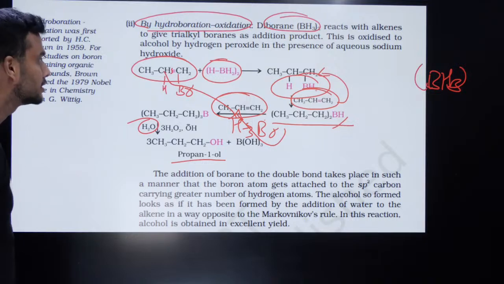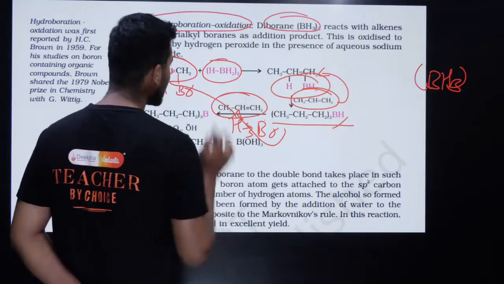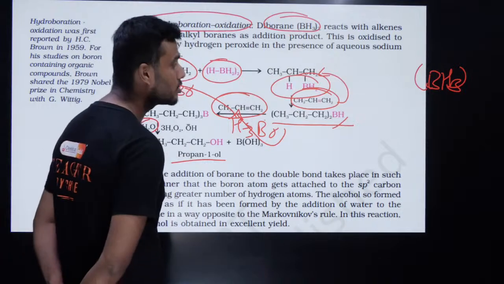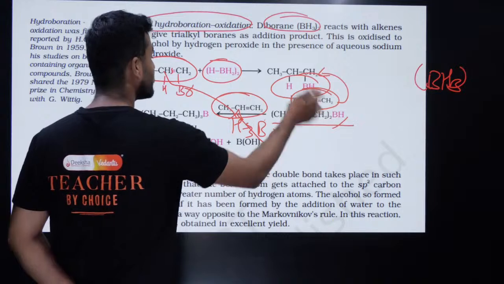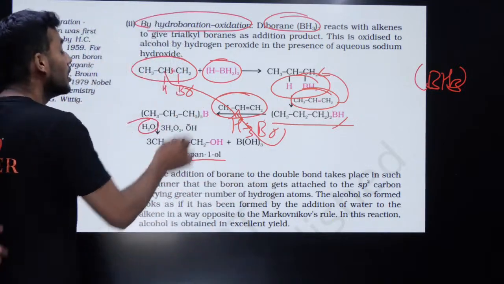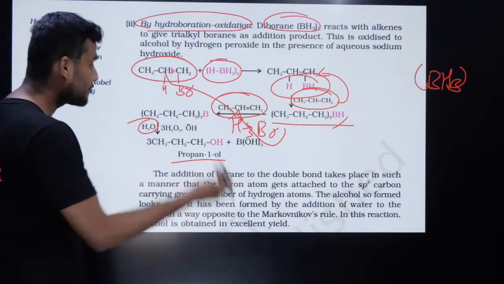First step, one BH3 molecule, sorry, not HBr here, a BH3 molecule is attached. Then BH2R forms, and another alkene molecule reacts, another propene molecule reacts, then it becomes dipropene, then another propene molecule, tripropene. Here there is no hydrogen left, it is replaced.